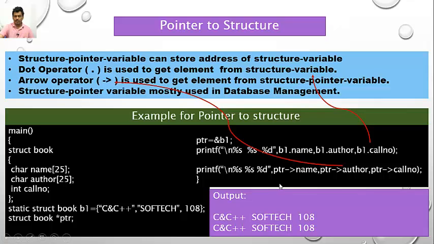So here we use the arrow operator to get the values from the structure pointer variable. ptr->name, ptr->author display the same result. The first is accessing by variable, the second is accessing by address. C and C++, Softtext, 108 is the first printf, and the second printf gives the same result.